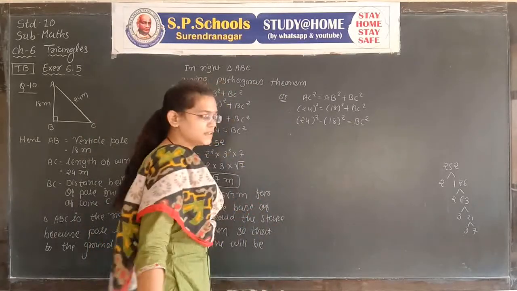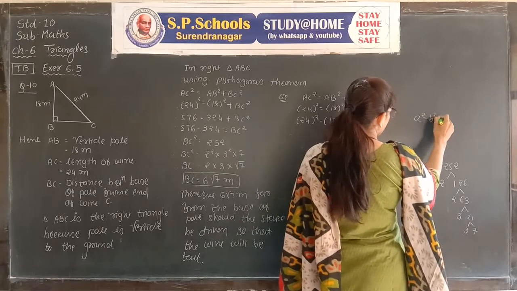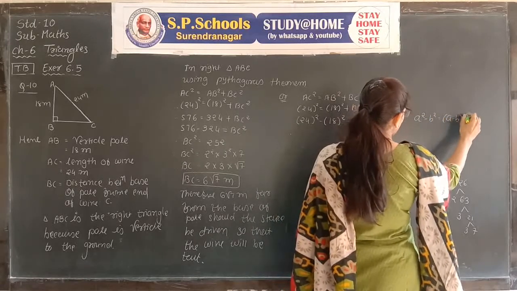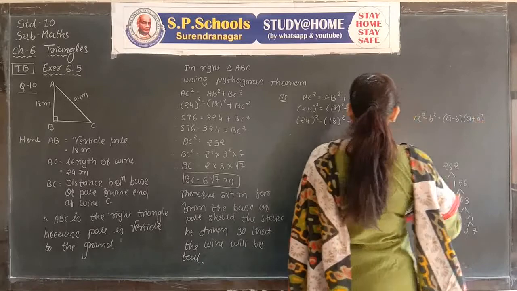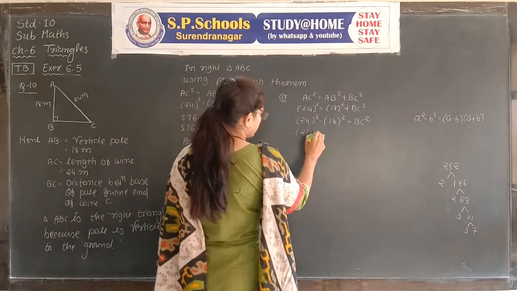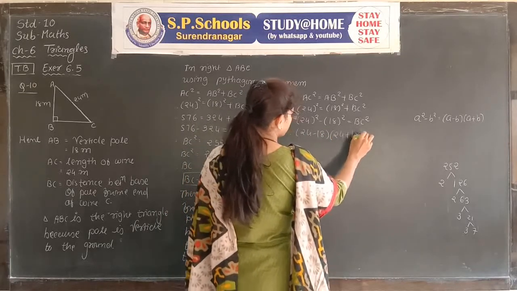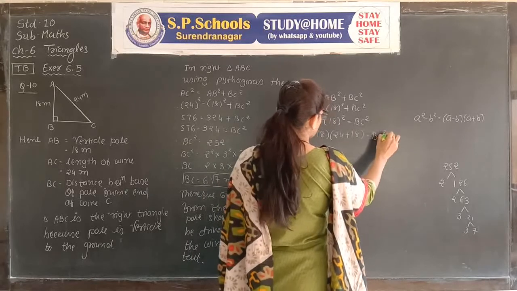Now apply the identity a square minus b square is equal to a minus b times a plus b. Split it as one term 24 minus 18 and another term 24 plus 18, which is equal to the square of BC.